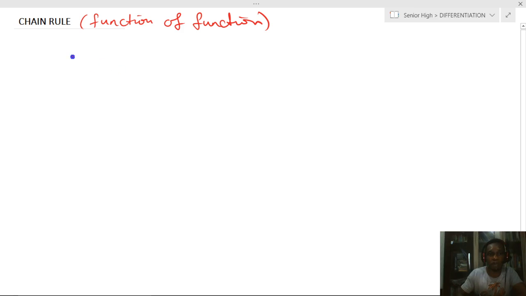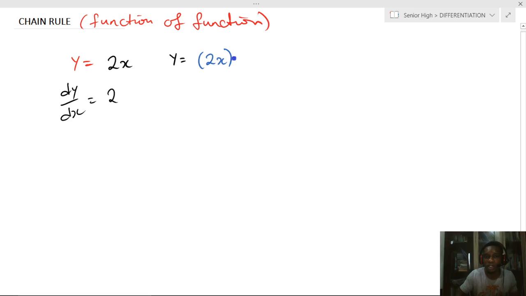If you're given a value y is equal to 2x, and we have to differentiate this, we know that dy dx will be equal to 2, right? But what if your y is equal to 2x raised to the power of 2?